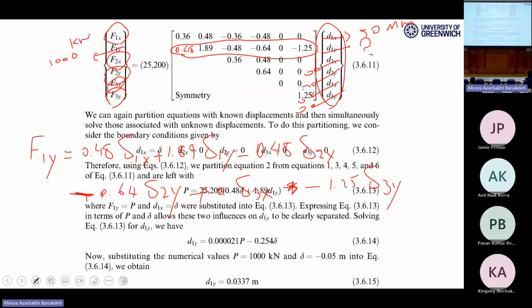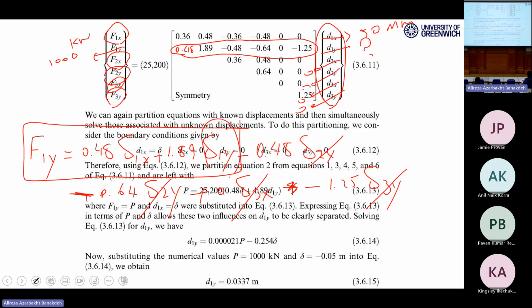I know some of them are 0, but this is the second line of equations, right? I know delta 3y is 0, this is 0, this is 0, this is 0. The third, fourth, fifth, and sixth terms are 0, and I only have the first term and the second term.